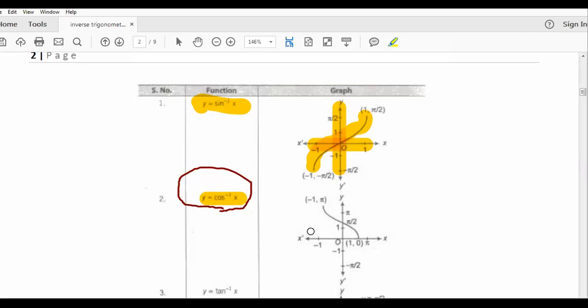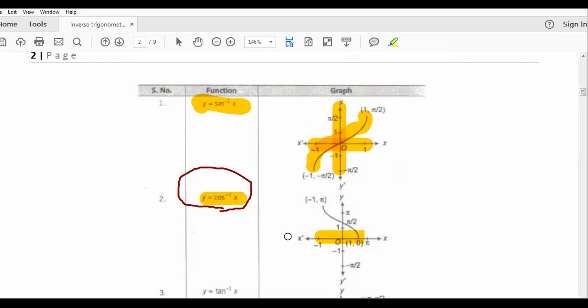Yesterday we discussed in the lecture what is the domain of this cos inverse x. Just tell me. Again, the domain of this function is -1 to 1.